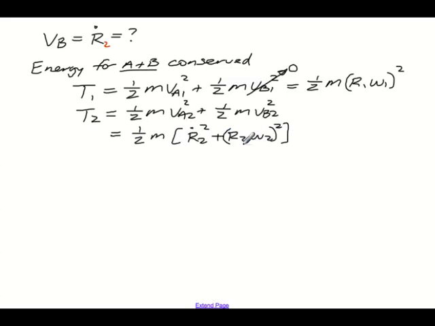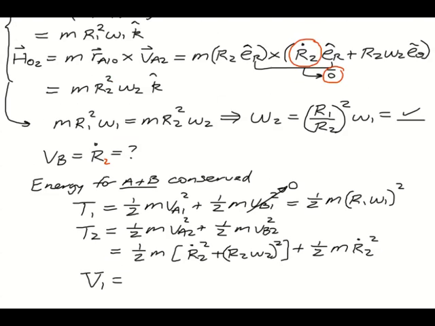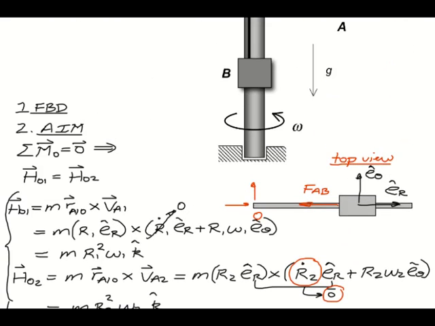That's for A. For B, 1/2 mv squared, we said above that the speed of B is the same as the radial component of velocity for A.